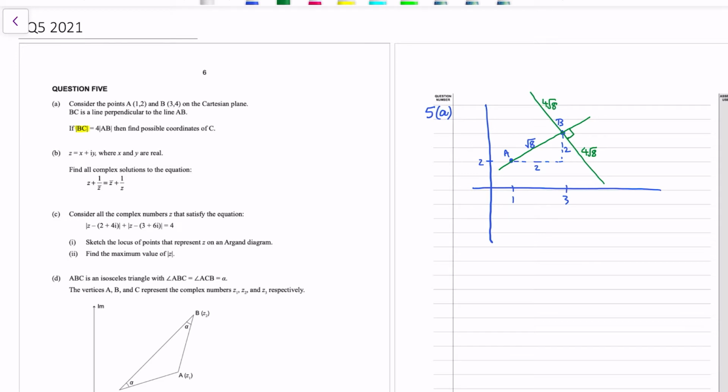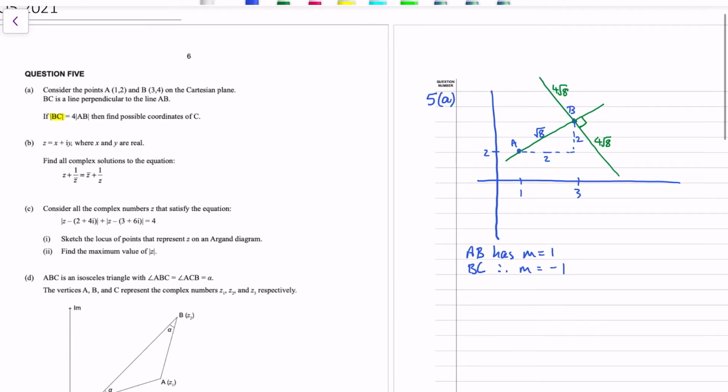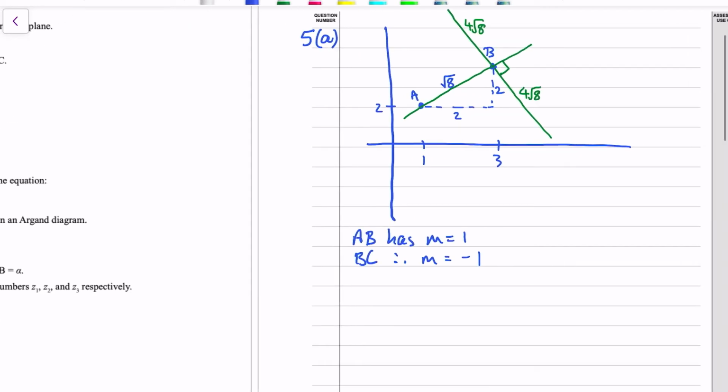Okay, the line AB has m equals 1, so BC must therefore have m equals -1. Got my therefore symbol in the wrong place, it kind of reads a bit weird. Therefore BC, m equals -1.